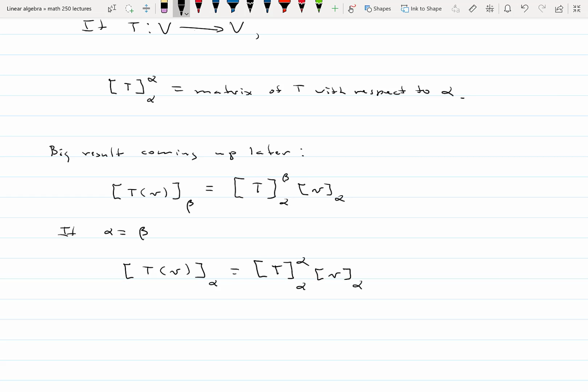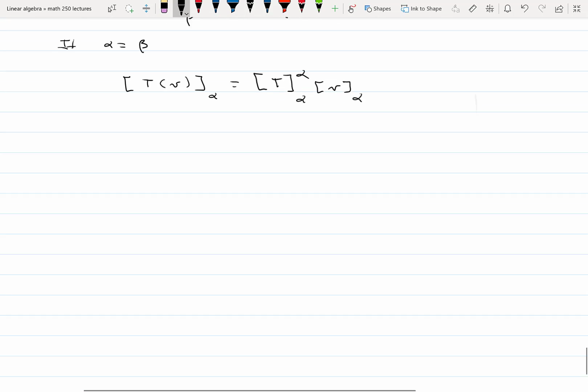For right now, we need to concentrate on computing this matrix of T with respect to alpha and beta, because it's not a simple thing. It's conceptually not so bad, but it can be very difficult to compute. So we're going to practice with this. I'm going to be working example 1 in your textbook, but I'm going to do a better job at it.